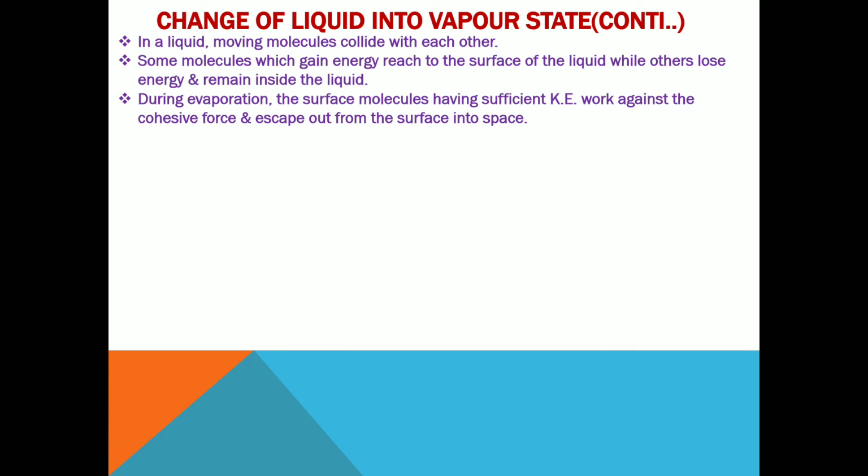The molecules which gain energy reach the surface of the liquid, gain sufficient kinetic energy to act against the cohesive force which is pulling them inside, and escape from the surface into the space. That is, they change into vapor. Those molecules which lose energy during the collision remain inside the liquid.